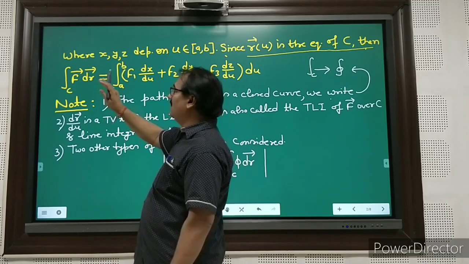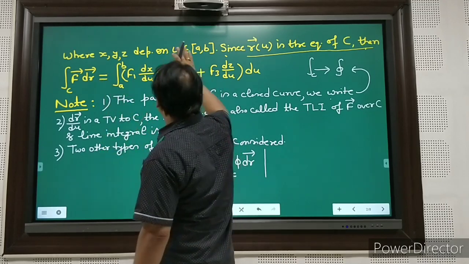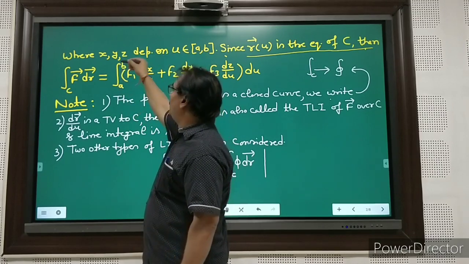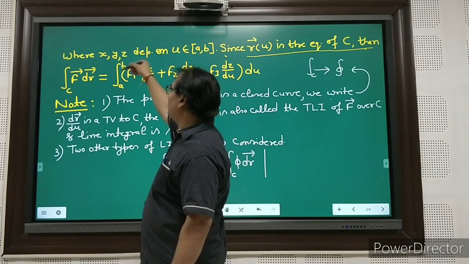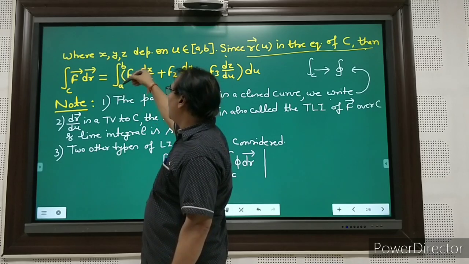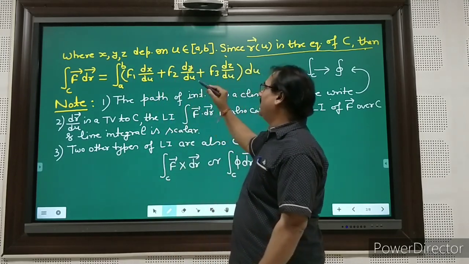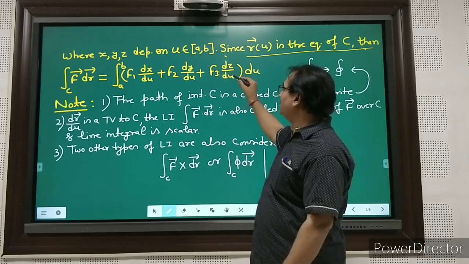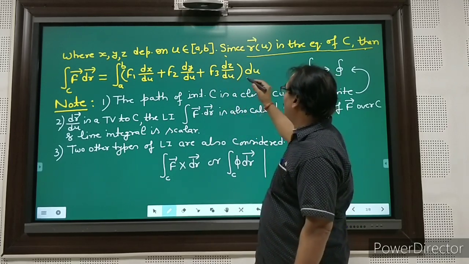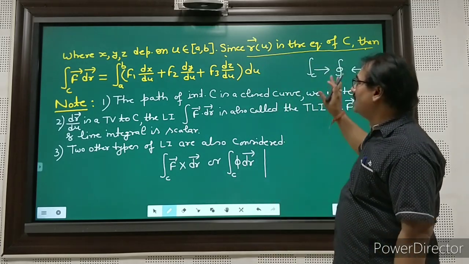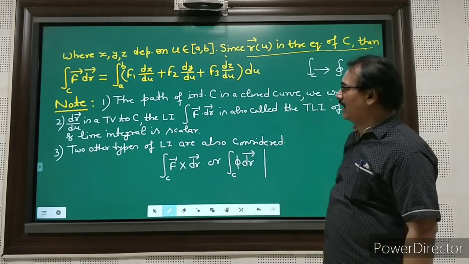So this line integral may be defined as the integral from a to b, with a and b as the lower and upper limits, of f1 dx/du plus f2 dy/du plus f3 dz/du, du. You can find the line integral by using this formula.